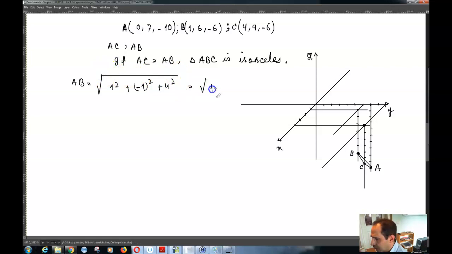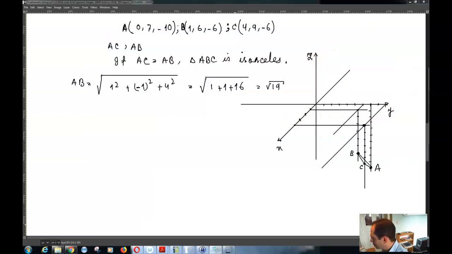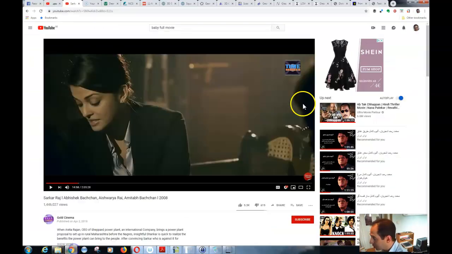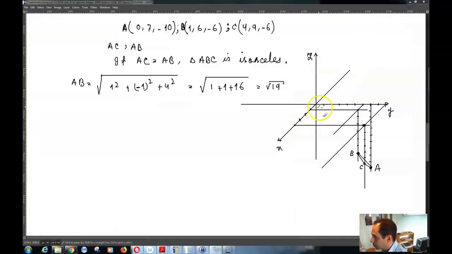And over here I have 1 plus 1 plus 16, which is equal to the square root of 19. 19 is a prime number, right? So the square root of 19 is AB.